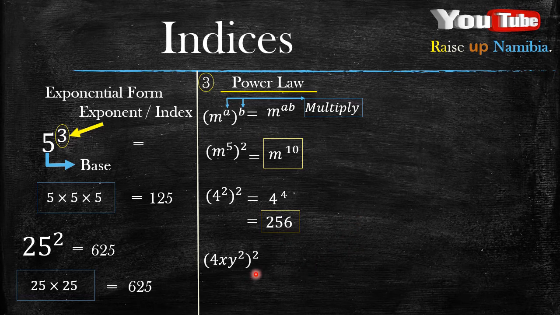Now, how about when you don't just have a number or a letter, but what if you have a number and letters inside a bracket and it is raised to a certain number, which in this case is 2? So what you do is start with this 4. What is the exponent of 4?